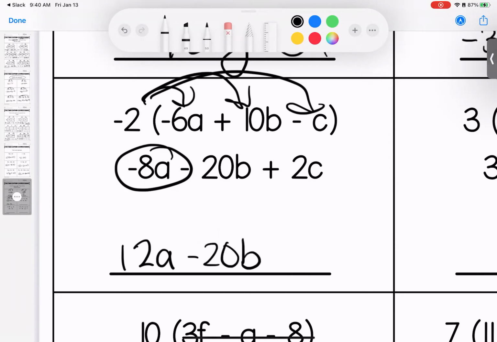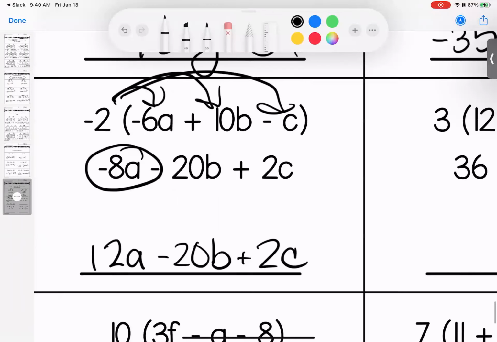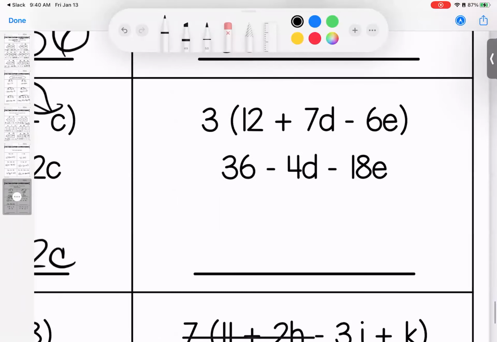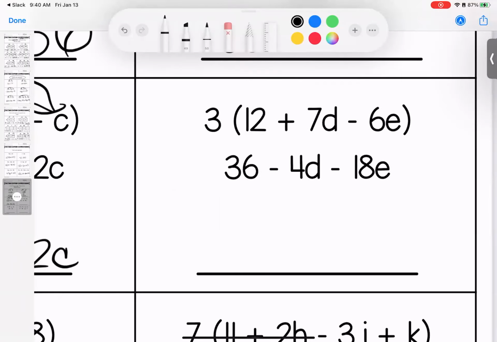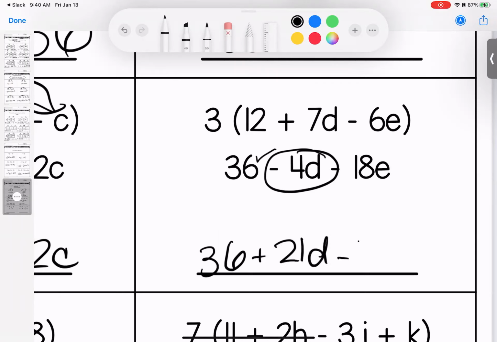It's negative. 2 times C is 2C. It's positive. Popping over here. 3 times 12 is 36. That checks out. 3 times 7 is not 4. Let's go. 3 times 12 is 36. 3 times 7 is 21. 3 times -6 is -18e.